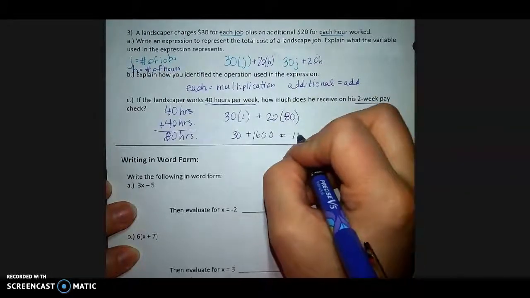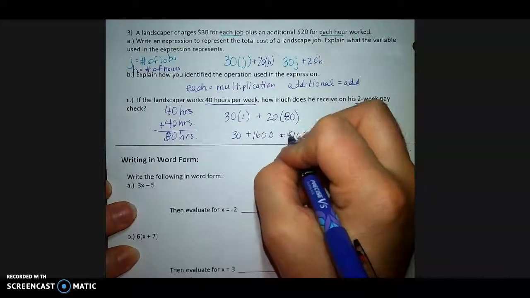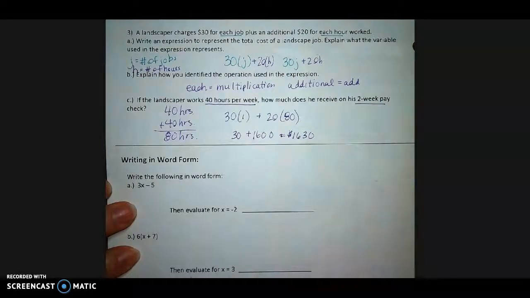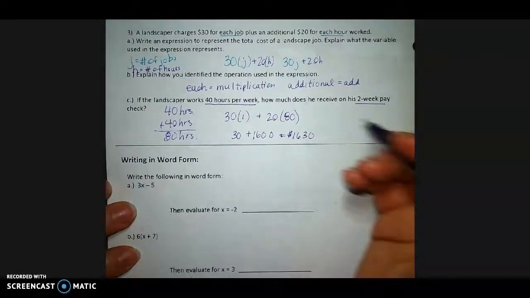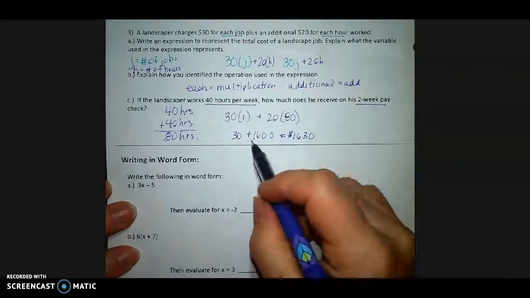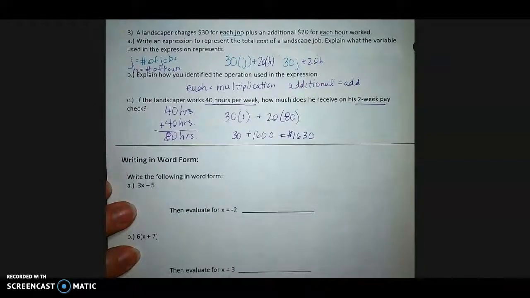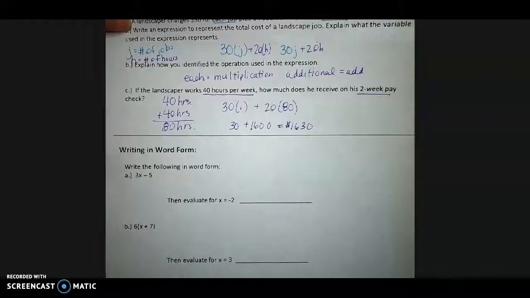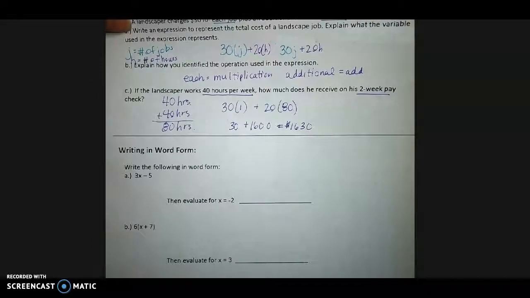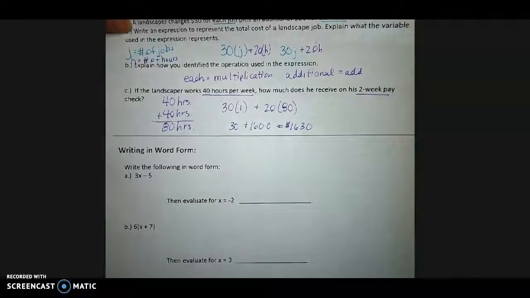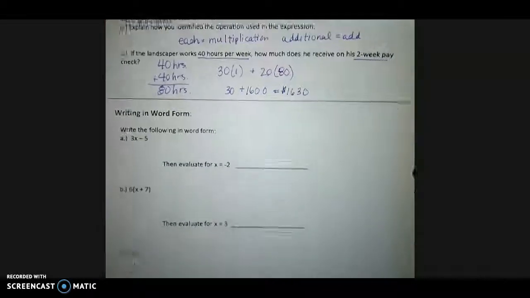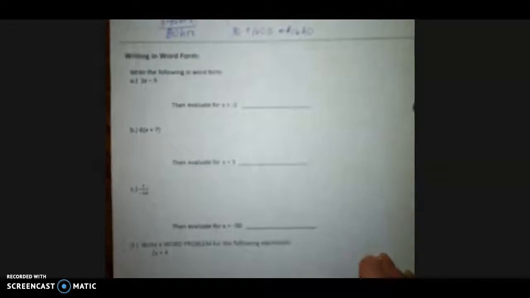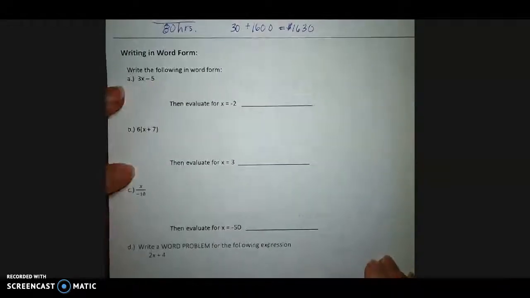So then I would be making $1,630 for the 2 weeks. If they are thinking, oh, because we didn't tell you how many jobs you would take the 30 out, then it would be just the $1,600 that he's making for the 2 weeks. I would read that if I was taking the test as there's one job going on, and I would add in that $30.